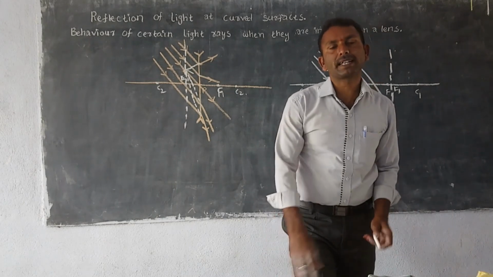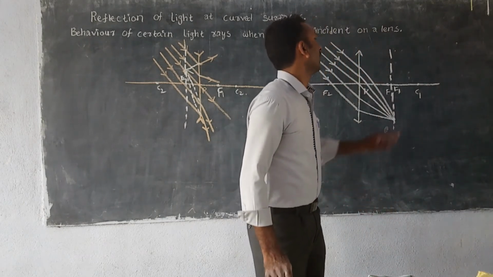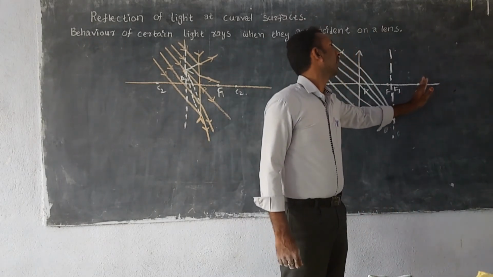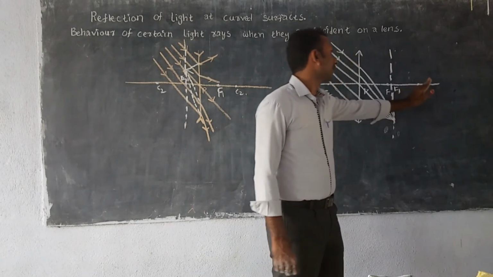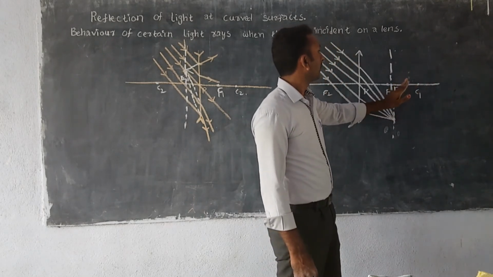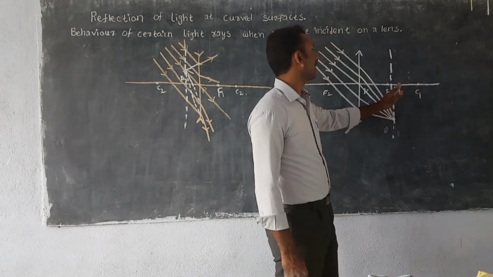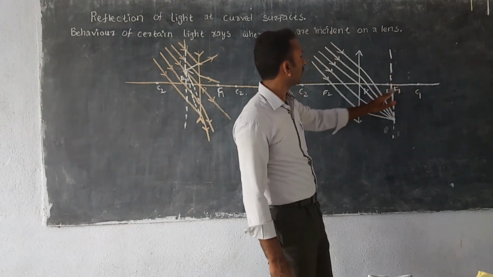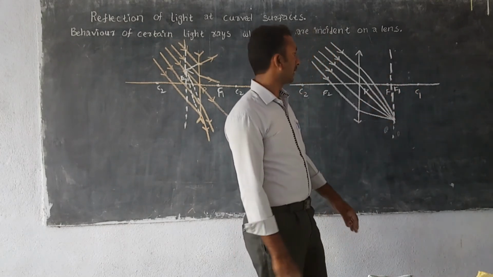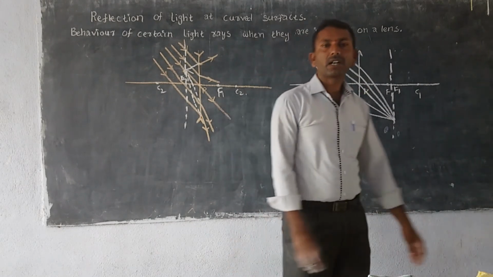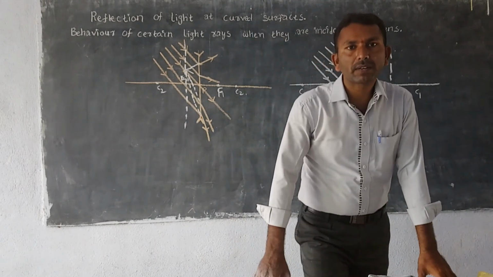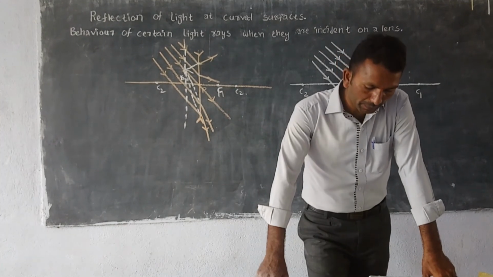First, we have to select where we have to keep the object: either at infinite distance, or beyond the center of curvature, or on the center of curvature, or between the focal point and center of curvature, or on the focal point, or between the focal point and optic center. We have to first choose the position of the object where we need to keep it.